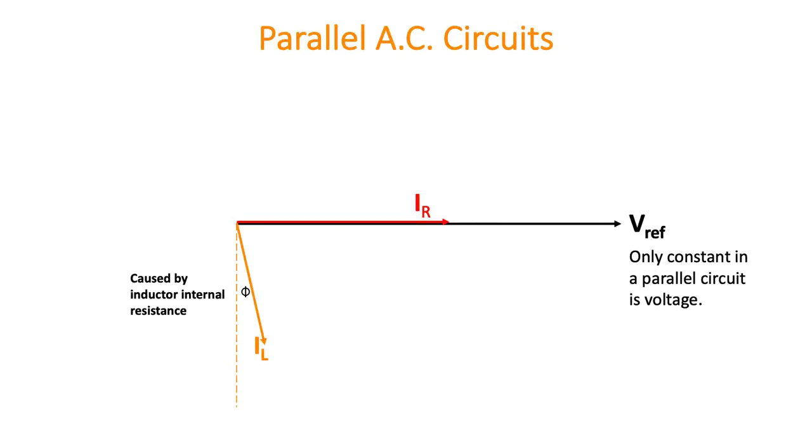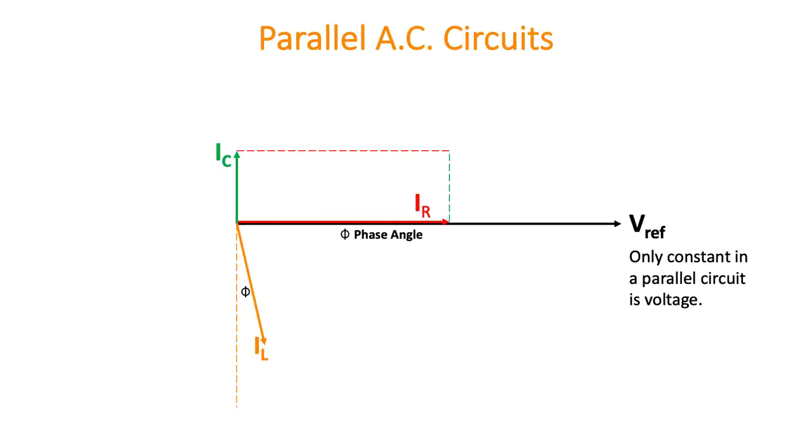Then we add our current through the inductor, and of course the inductor current lags the voltage, which is what it's doing here, and then we add our capacitor current, which leads the voltage in the upwards direction. Again, we've got our 3 phasors onto our phasor diagram, and now we need to add them together.